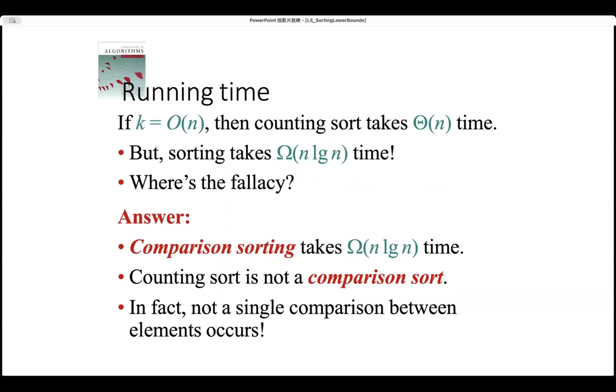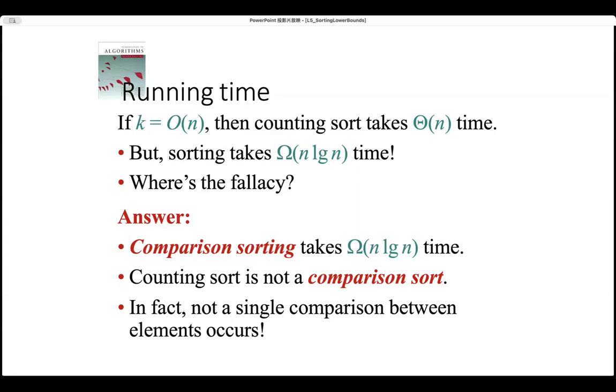But we know from the previous decision tree discussion that the best worst-case performance of any comparison sorting algorithm is n log n. So why is it even faster than n log n?